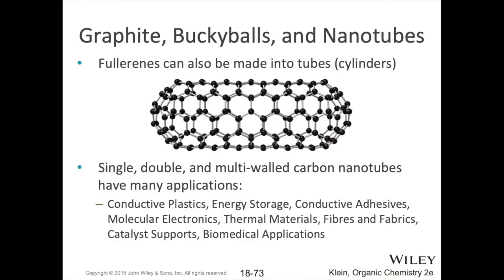And between Buckminster fullerenes and nanotubes, there are a lot of interesting applications, just from the fact that they are able to store things or transport things, and they have interesting physical properties, like their tensile strength, their thermal strength, and so on. Okay, there's a lot of interesting cutting edge technology that's centered on this stuff. Again, due to the fact that you have aromatic systems creating this material.